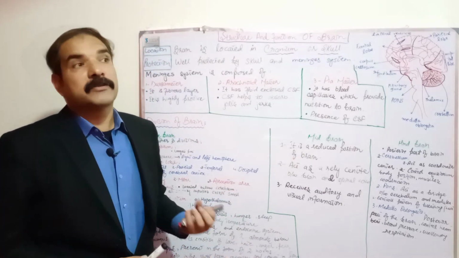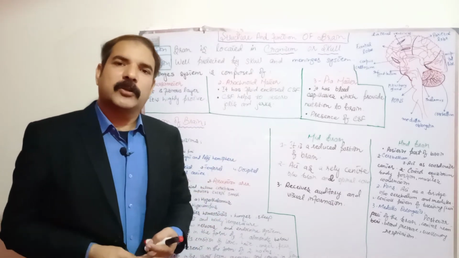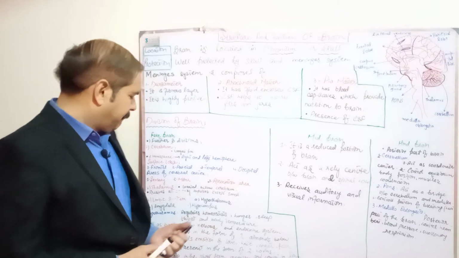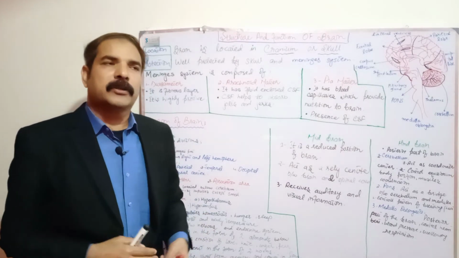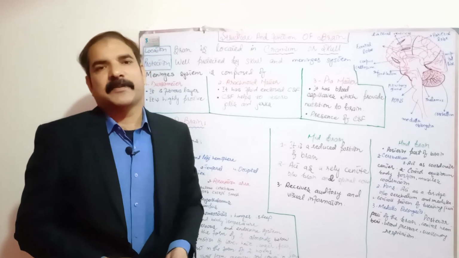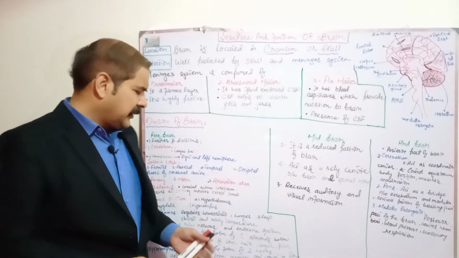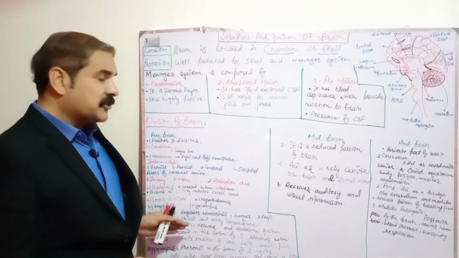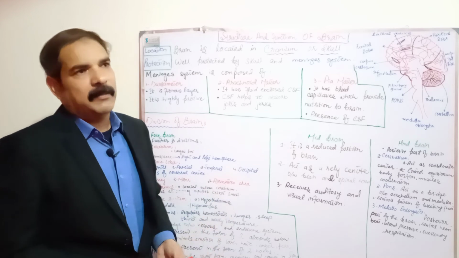It has four lobes: parietal lobe, frontal lobe, occipital lobe, and temporal lobe. Thalamus is present below the cerebellum. It controls all the sensory information except smell, while the limbic system has three divisions, called amygdala, hippocampus, and hypothalamus.